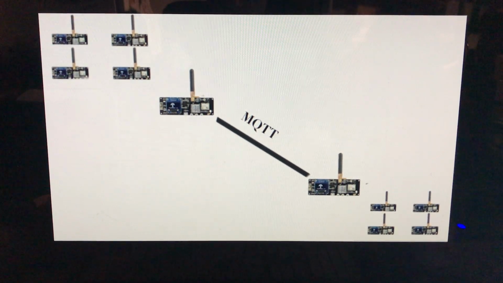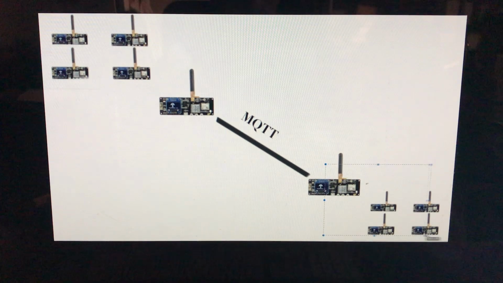So back to the hops. We have our mesh network up here that has a fifth node. This fifth node is connected to the MQTT, which is also known as a gateway node. This gateway node can be seen by these four, and it's also connected to the internet and to the broker, whoever's broker it is.